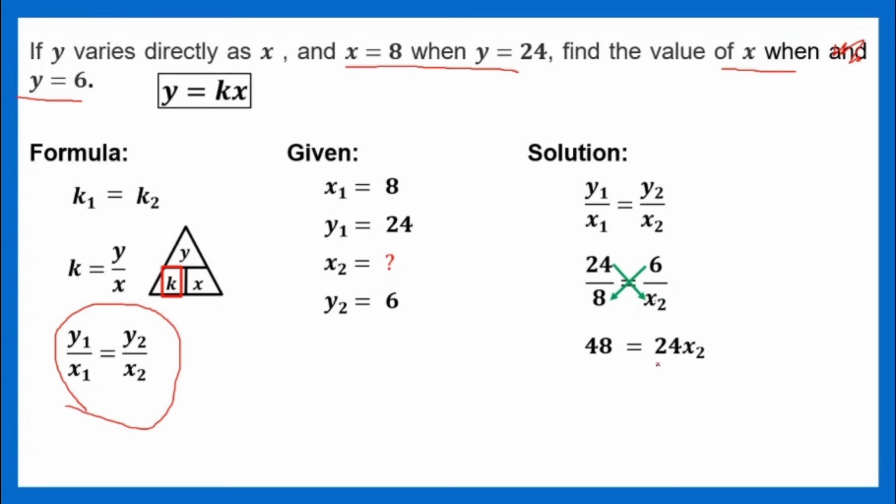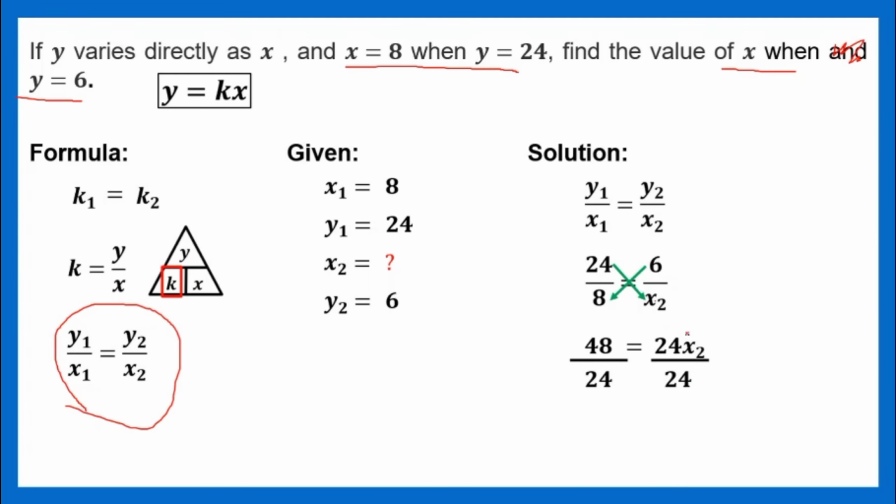Tapos, yung multiplication property of equality, di ba? Para matanggal natin yung number na katabi ng unknown na hinahanap natin, ang ginagawa natin dyan, we're just dividing that by that number. Kung ano tong number na ito, i-divide mo yan sa kanya. 24. And whatever you do here, you're going to do that dun sa kabila din. So, this is the multiplication property of equality.